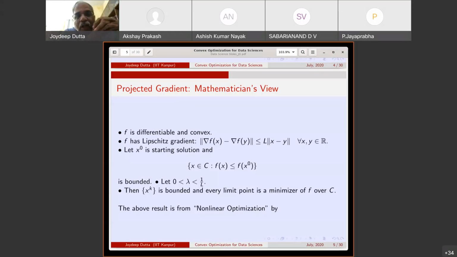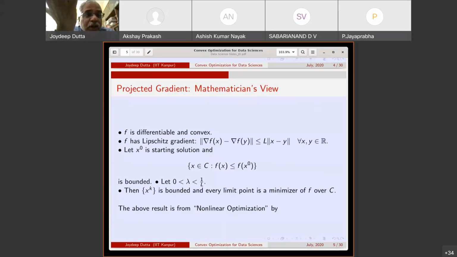So you see, mathematicians will assume certain things which you may or may not like as engineers, but when you really apply them, you hardly check them. There is a lot of difference between a mathematician implementing something on the machine and somebody actually writing a theorem. This assumption of Lipschitz gradient might look too difficult.